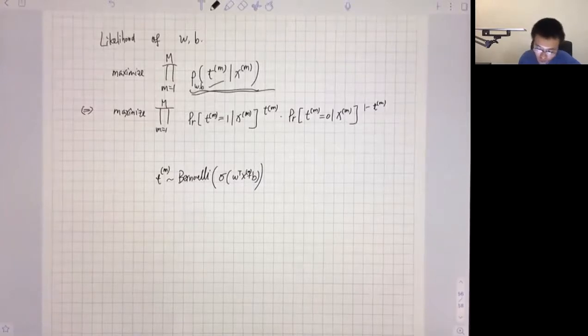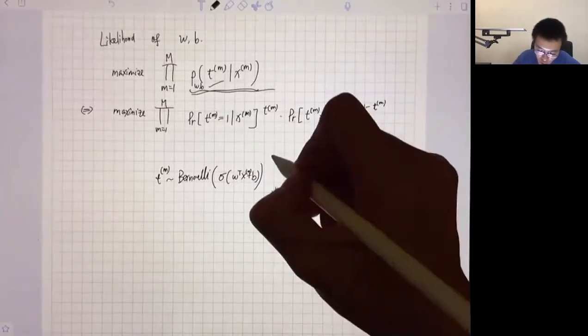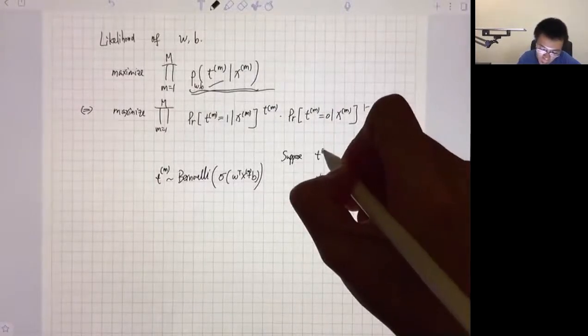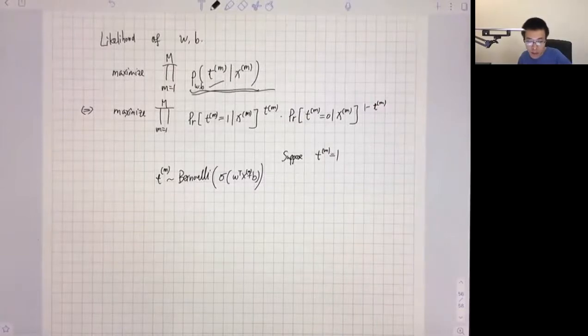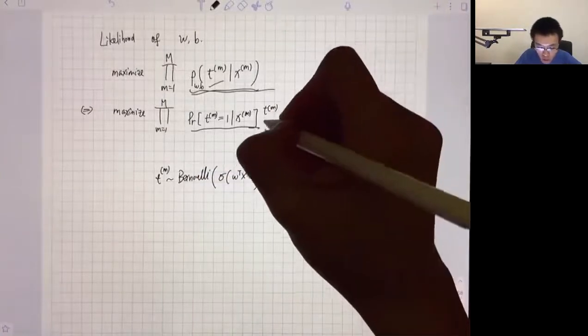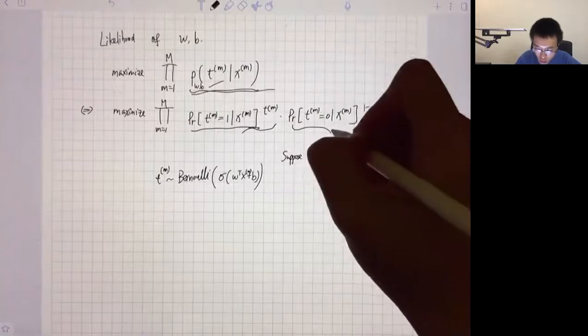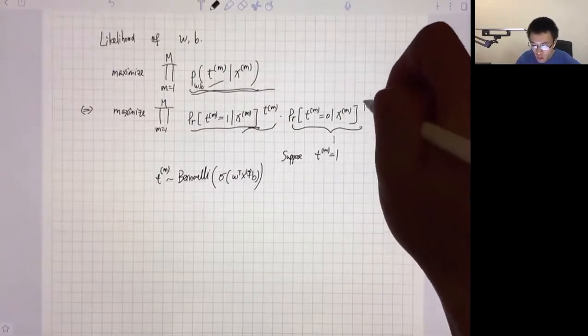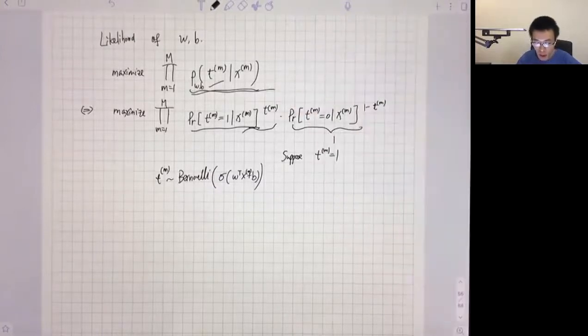Okay, so now we can verify it. Suppose tm is 1. It means that the real sample says my target is 1. Then the likelihood is the probability that you predicted 1. So if t is 1, you go to this factor, and the other term becomes 1 because the power is 0, and something to the power of 0 is 1.